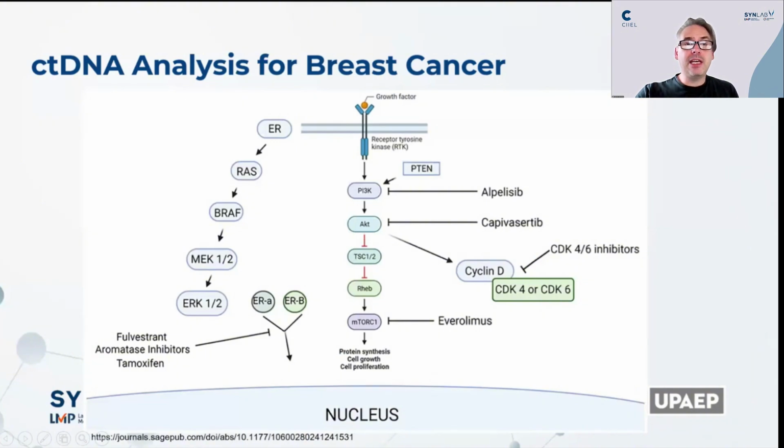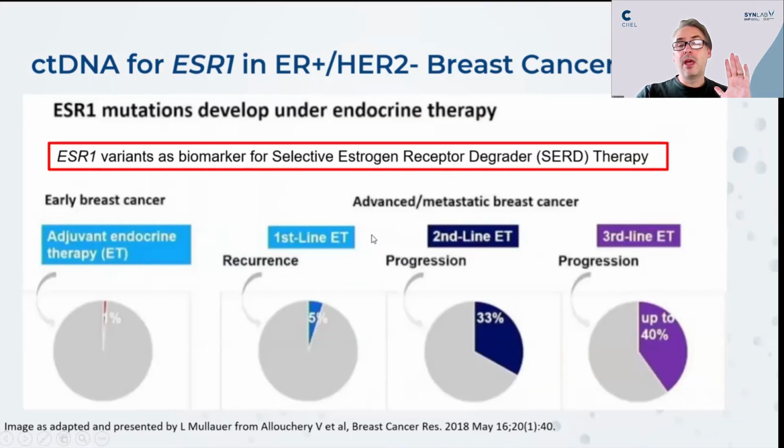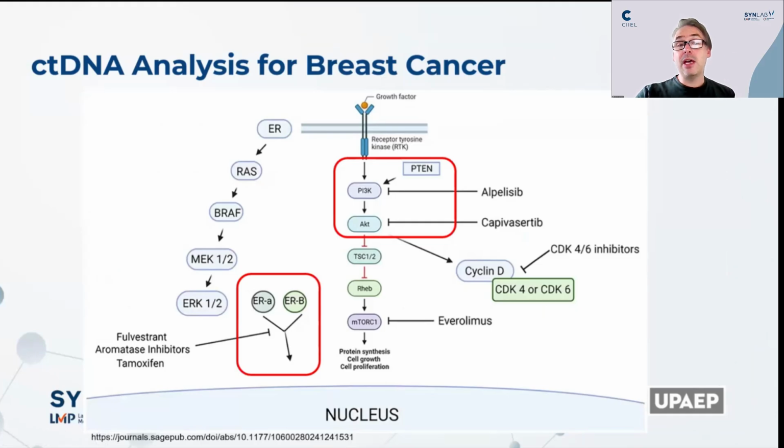Moving into ctDNA analysis of breast cancer. So lung cancer became established, and then came breast cancer. And really the push for ctDNA came from resistance to aromatase inhibitors in the ER positive, HER2 negative setting, metastatic breast cancer for patients progressing on aromatase inhibitors.